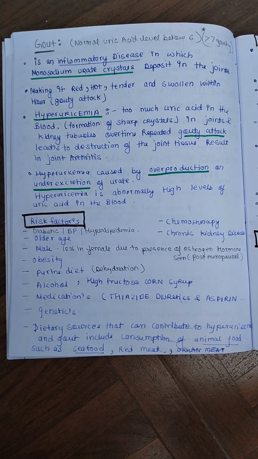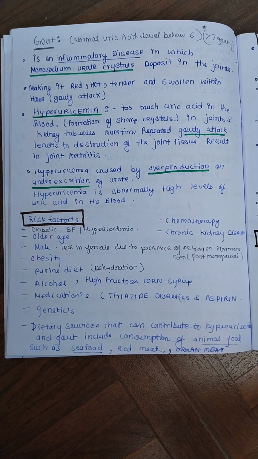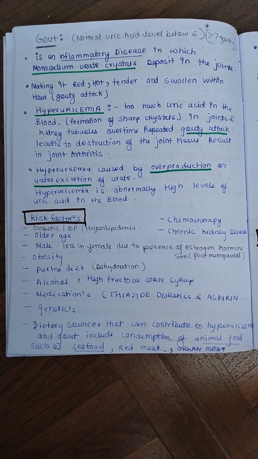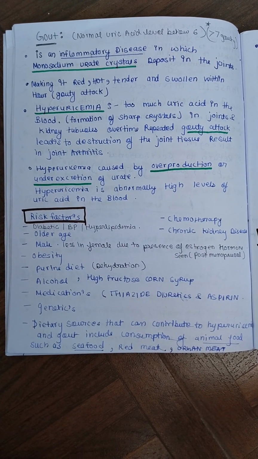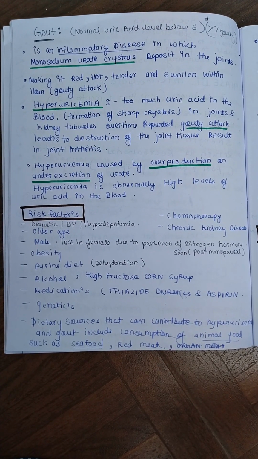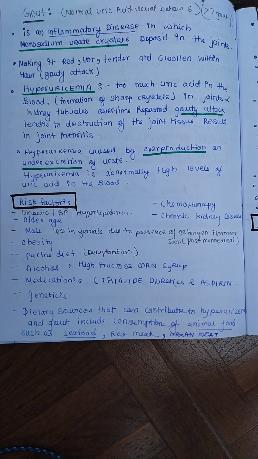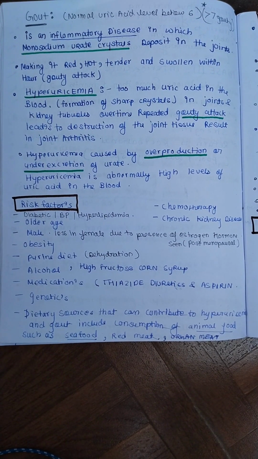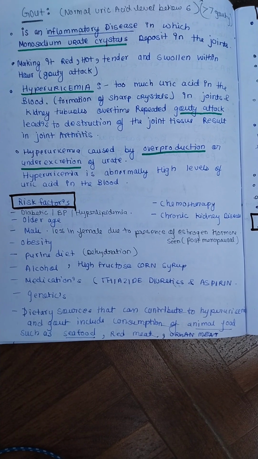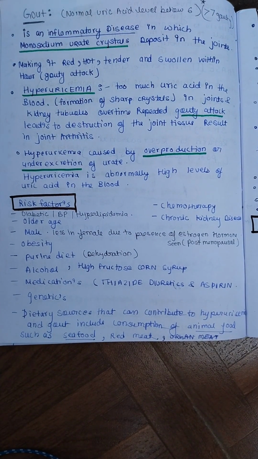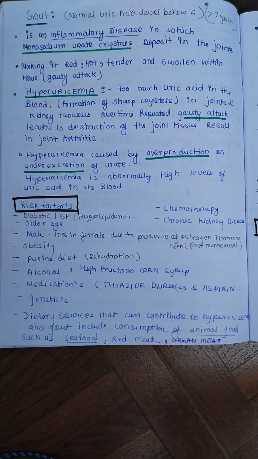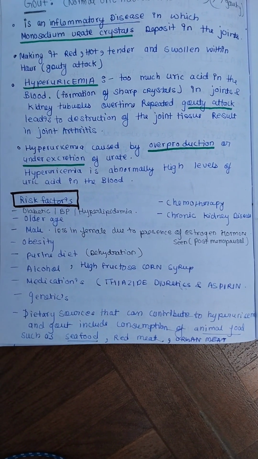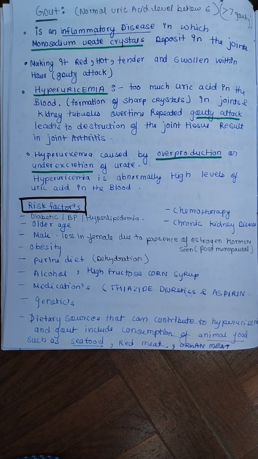I'm not saying that females do not get gout. Females also have chances of developing gout, but mainly after menopause, because postmenopause there is hormonal imbalance, while females otherwise have less risk due to the presence of the estrogen hormone. The next factor is obesity, which is also a risk factor for developing gout.